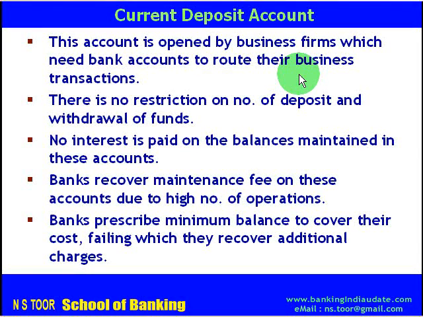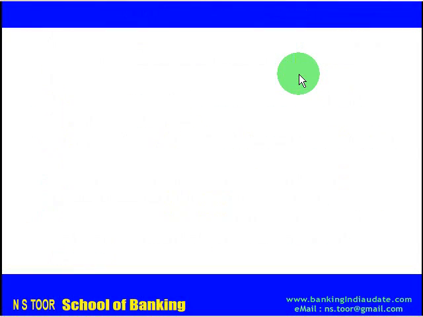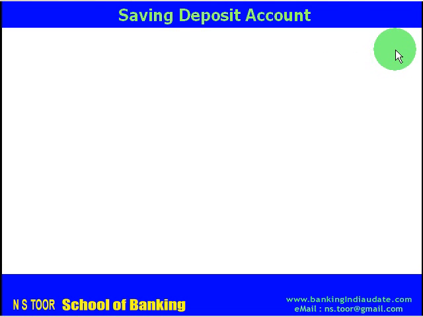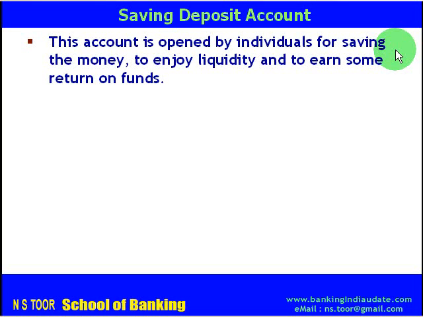Now let us move to the next category, saving bank deposits. This account is opened by individuals, and the objective of opening this account is to save money, to keep their saved money in a bank account and also enjoy liquidity, and in addition also earn some return on funds.